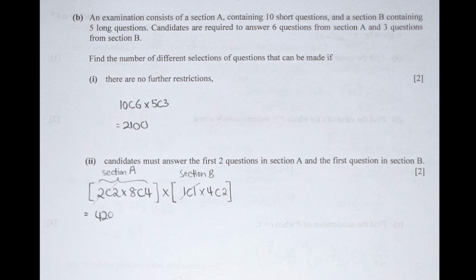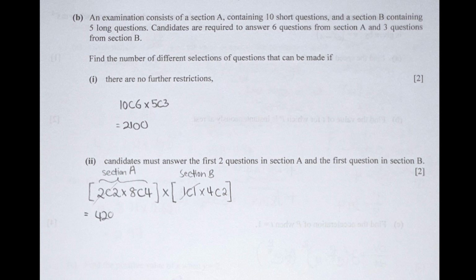In section 2, candidates must answer the first 2 questions in section A and the first question in section B. So they set up some restriction here. So for the first 2 questions, I set 2C2, and I am left with 8 questions, and I randomly choose 4 of them.